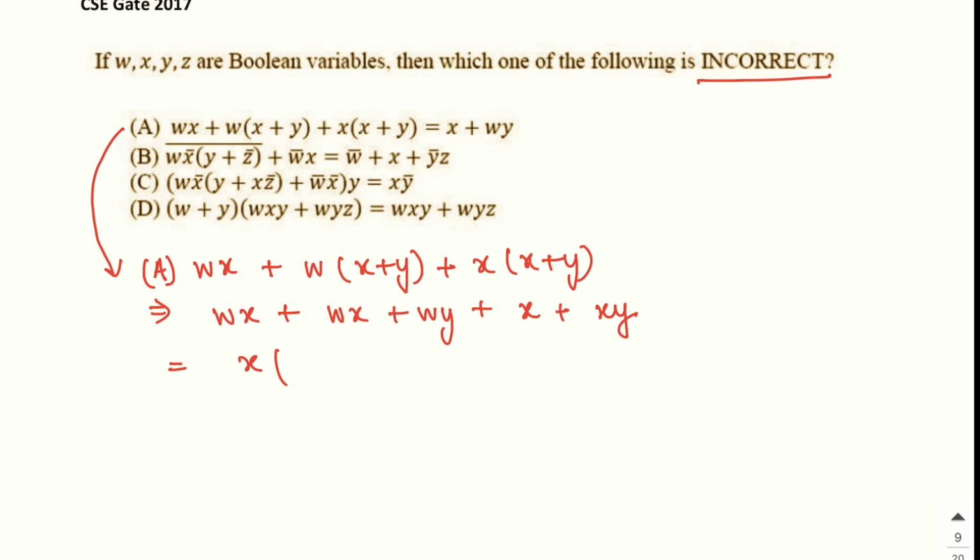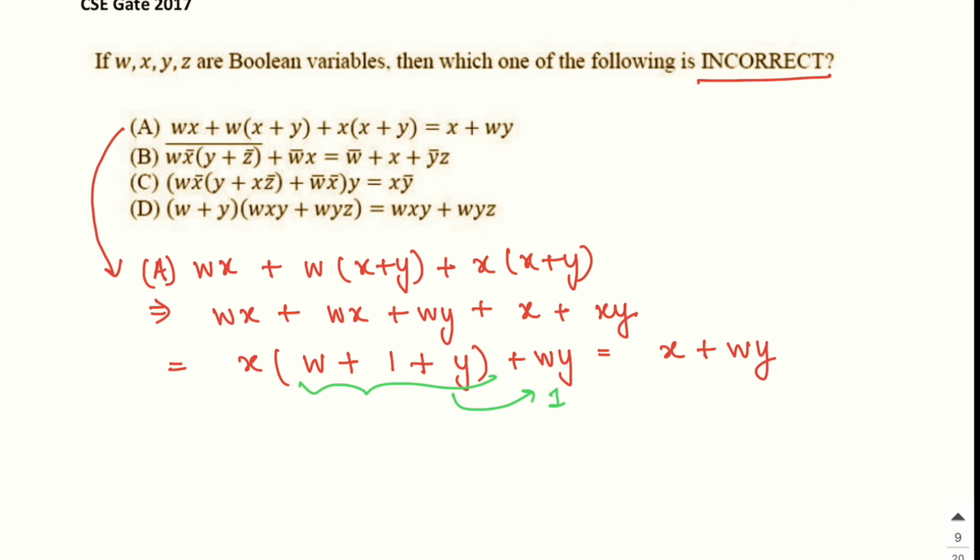You can take X common because there are various terms which have X. The first two terms I can just write once only because A plus A is A only. So this is W plus 1 plus Y plus WY.